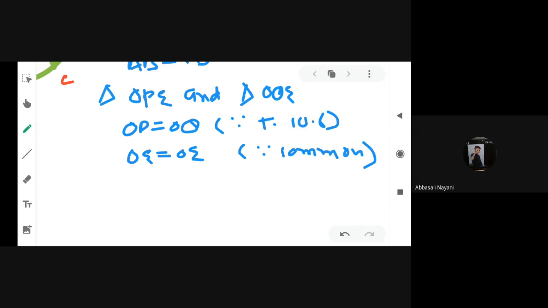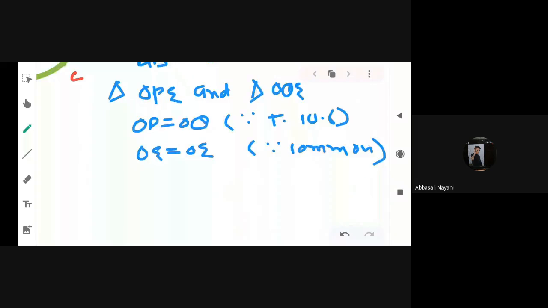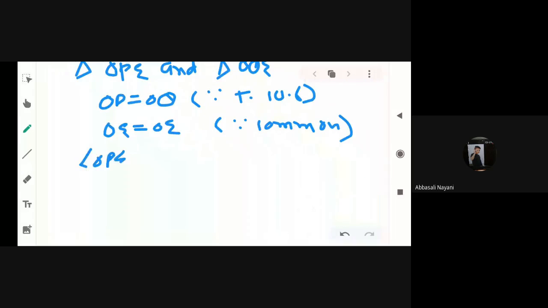And one another thing is given. Which thing? You can see here angle OPE and angle OQE, these two angles are 90 degrees. Angle OPE is equal to angle OQE, so they are always equal in measurement.